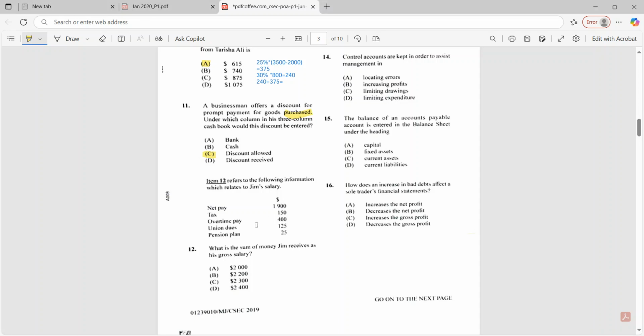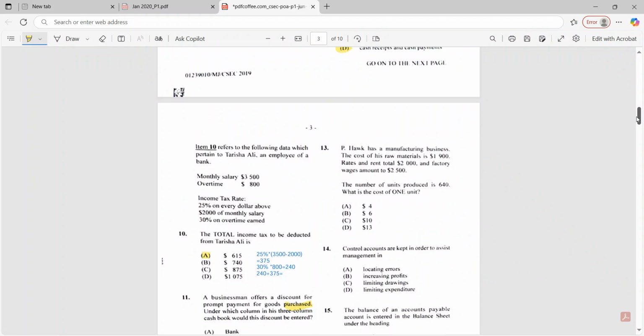All right, so what we're going to do, we're going to add net pay and tax and union dues and pension plan. All right, so we just don't add overtime. So we're going to get 1900 plus 125 plus 25 plus 150, and that will give us 2200. All right, so that is our answer.